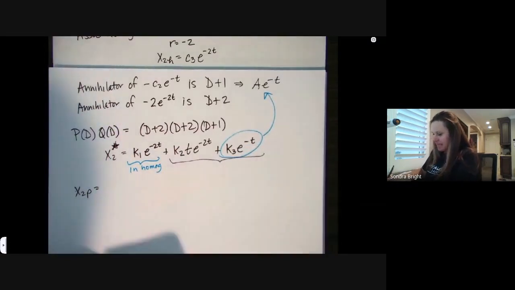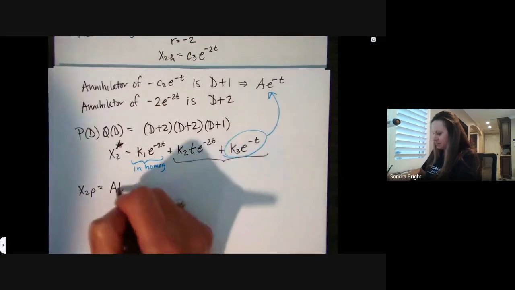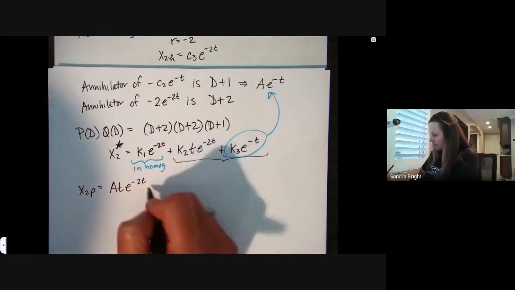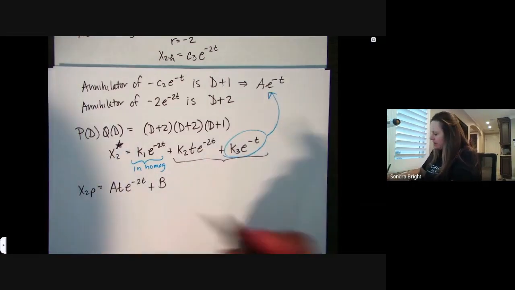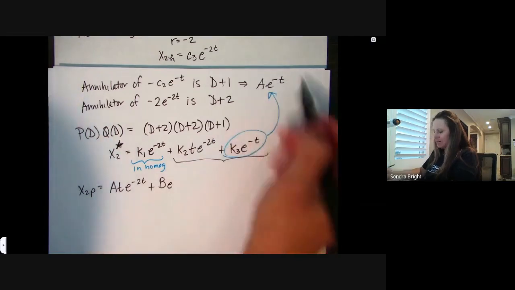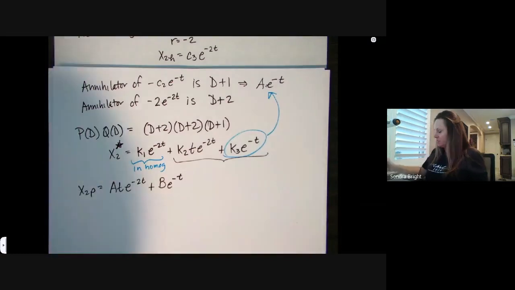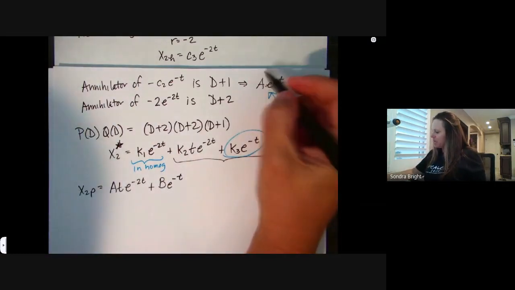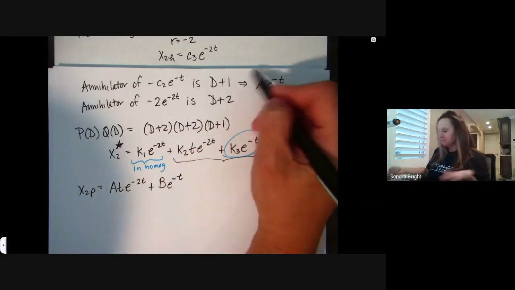I'm going to say it's A times t times e to the negative 2t plus a different letter B. I know I called it A up here. Now I'm going to call it B, because this was still in my workings and I hadn't committed to a letter yet. What I should have done was call this one C4, I guess, and then now I'm going to call it B. Whatever, loosey-goosey with our letters.